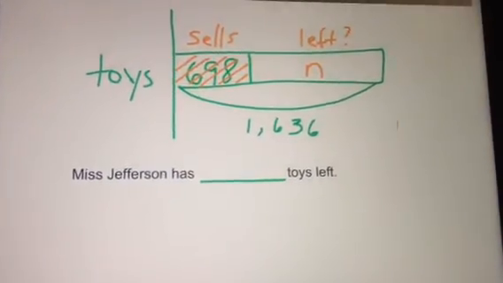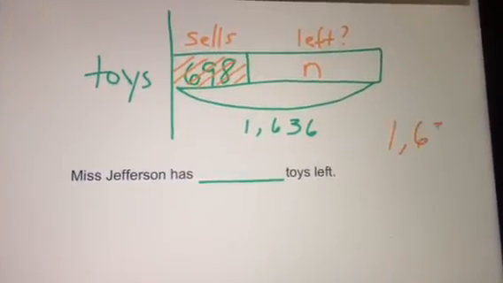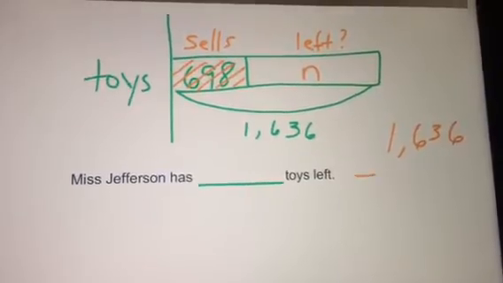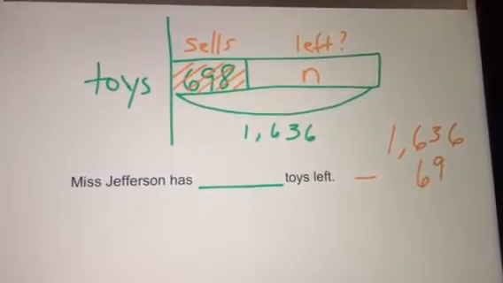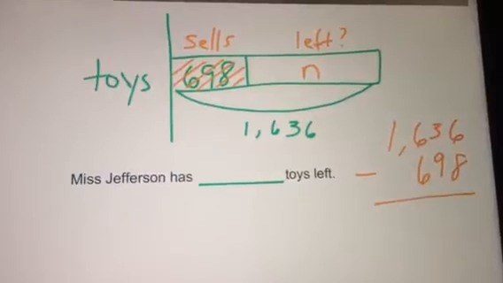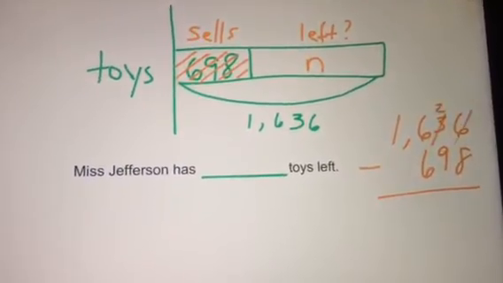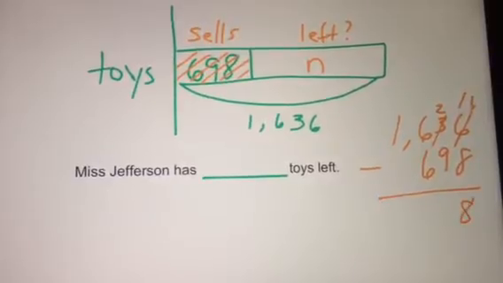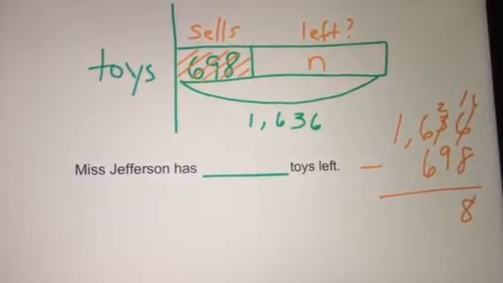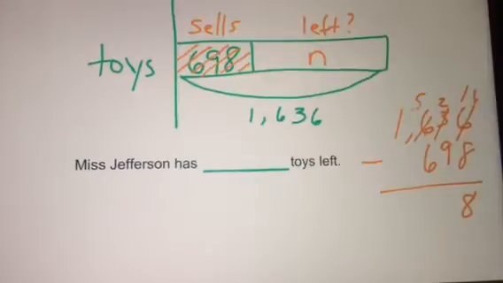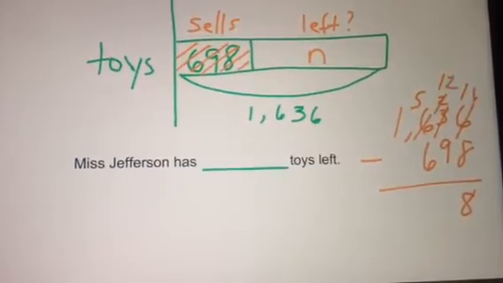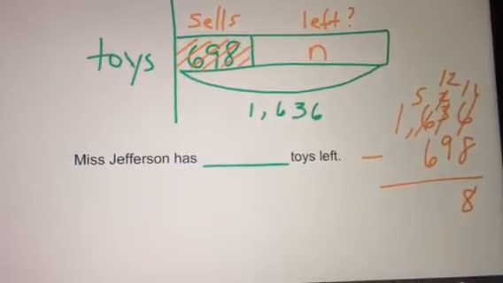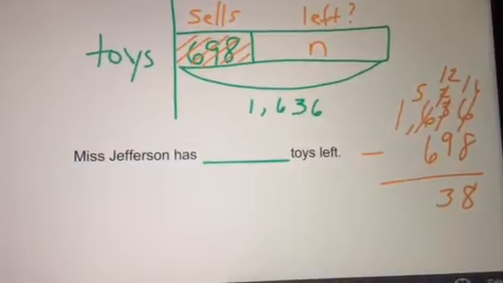So let's do 1,636 minus 698. Let's regroup. 16 ones minus 8 ones will be 8 ones. You can't do 2 tens minus 6 tens, so we will regroup once again. 12 tens minus 9 tens, 3 tens.